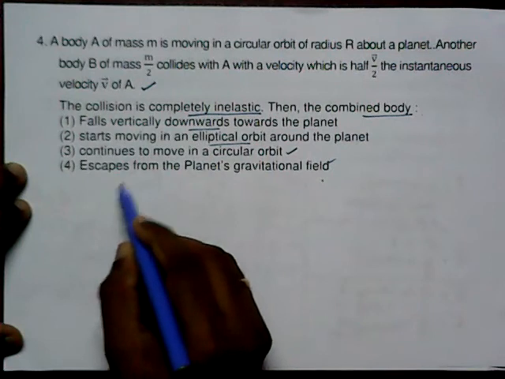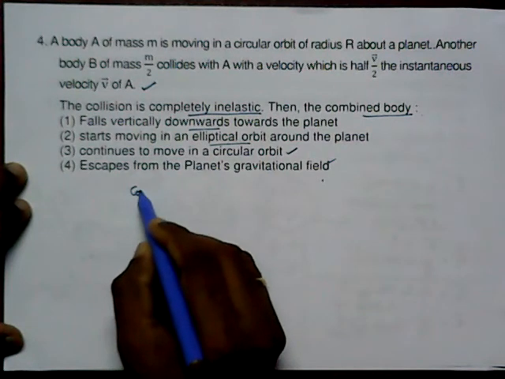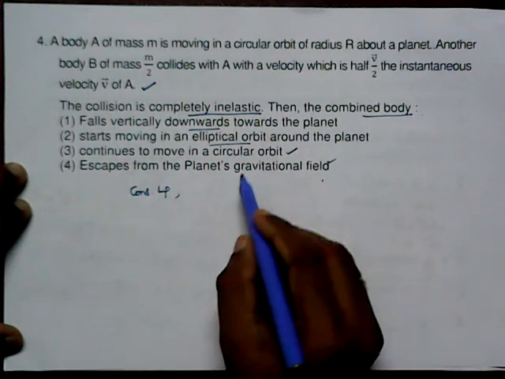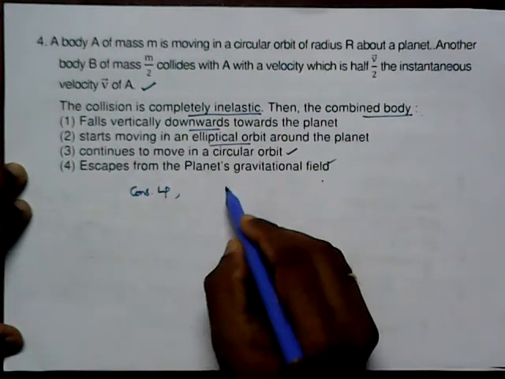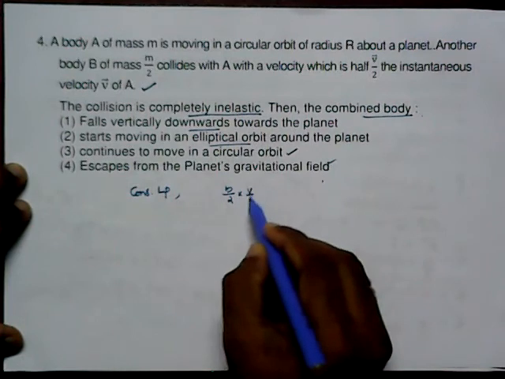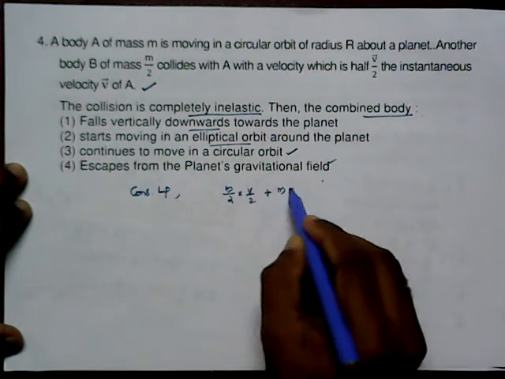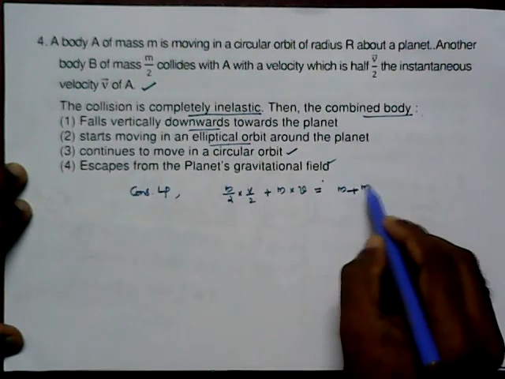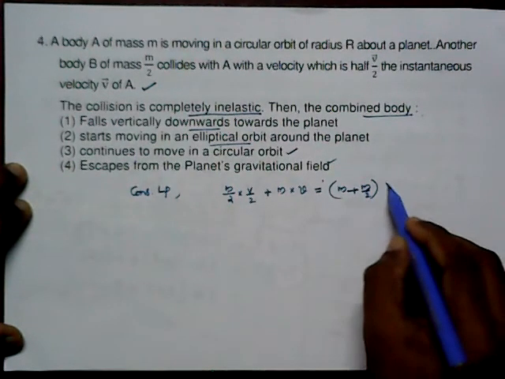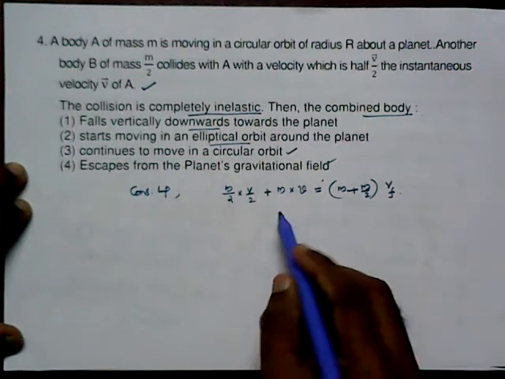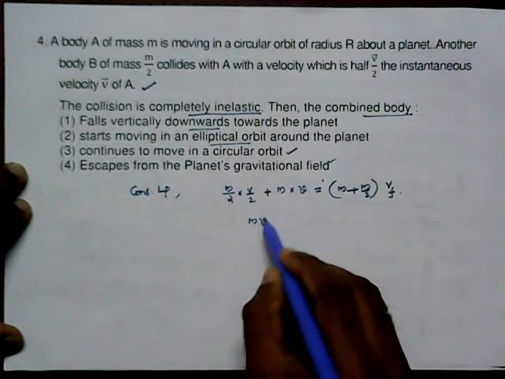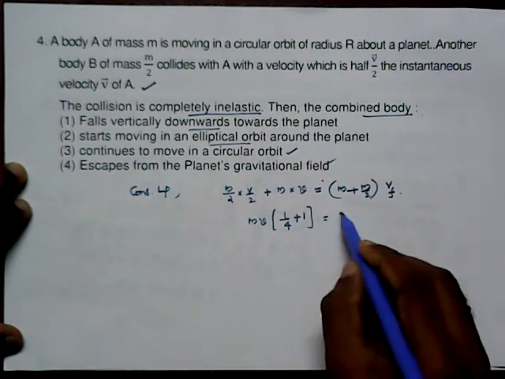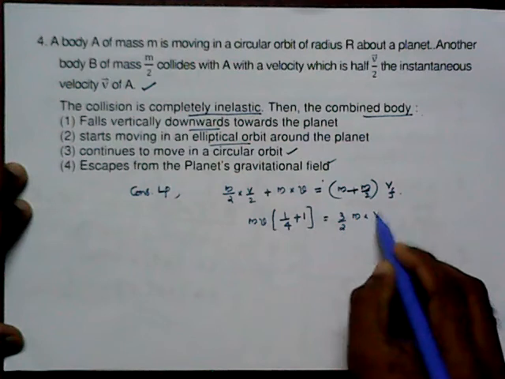At first, for this inelastic collision, we can apply the conservation of linear momentum. For the m by 2 mass body moving with a velocity of v by 2, plus the m moving with a velocity v, equal to after collision they combine and move with a velocity vf. So we can take m into v as common, into 1 by 4 plus 1, equal to 3 by 2 m into vf.